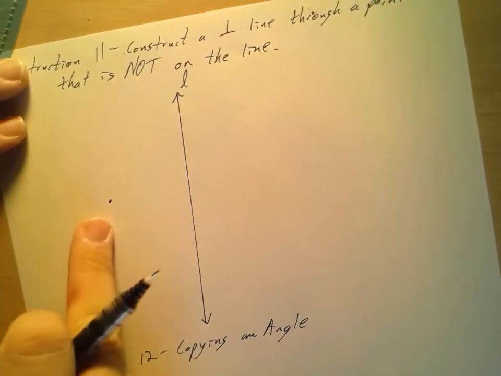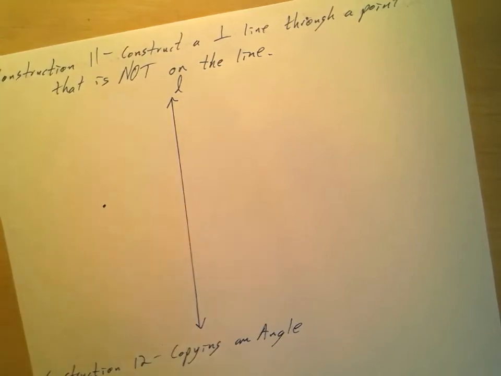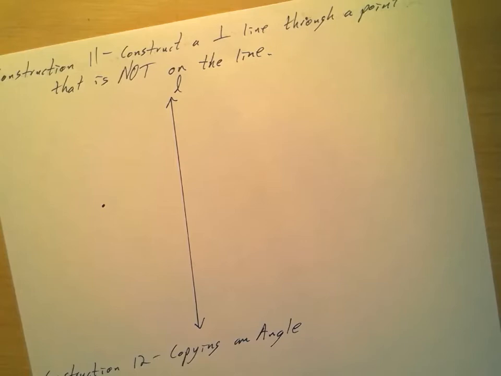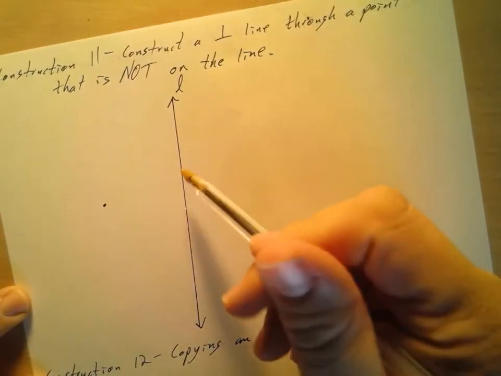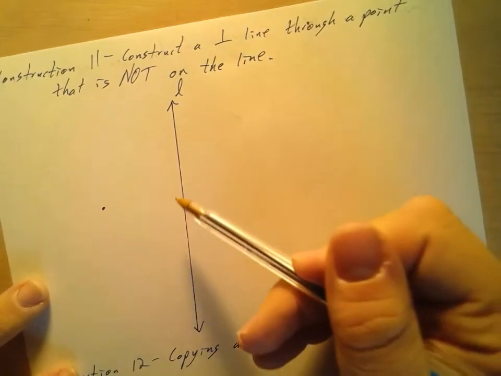It might be to the left, might be to the right, might be above or below, but somewhere you're going to get a point. And so the first step we want to do is create a segment somewhere on here that we can perform the perpendicular bisector of. All right, because that's the way we did it when we had the point on the line.